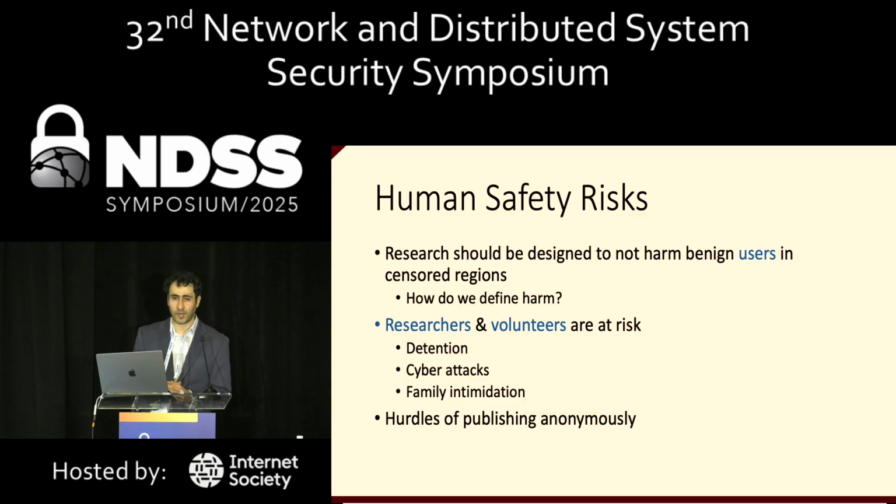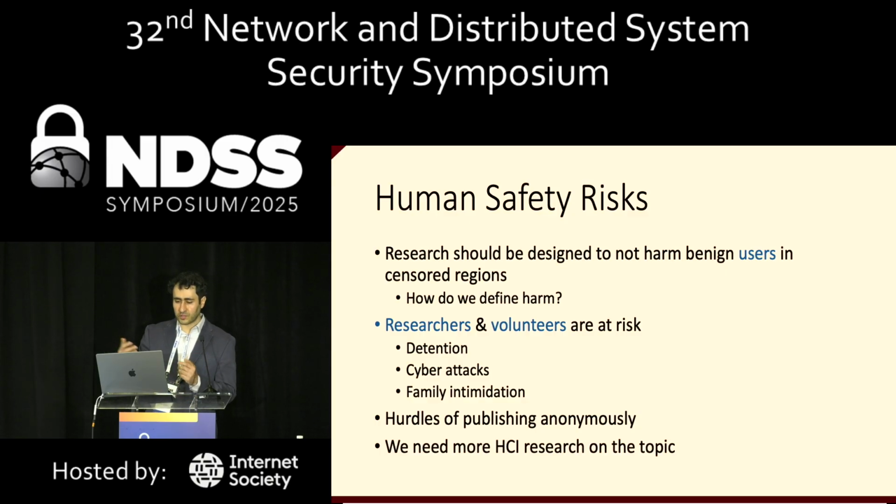I don't want to name names, but some major publishers in our community are now not allowing anonymous authors, which is making it impossible for people to publish. I don't want to go into details, but unfortunately, this is scaring some researchers away from continuing to work on this topic.